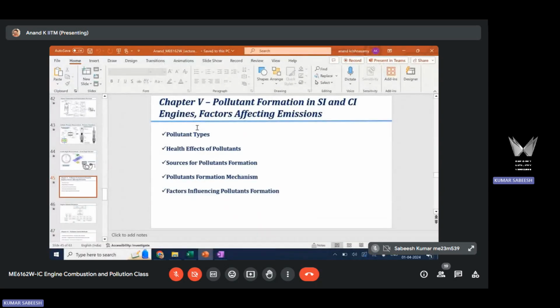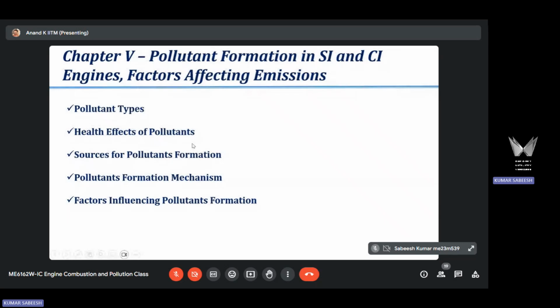Sir, I have a question. Can I ask if you allow, please? Yes. SI engines also have NOx emission, right, sir? Yes. NO is the majority in the pollutant formation, whereas diesel engine also has quite high NOx emission. And is NO2 the major pollutant there, sir?